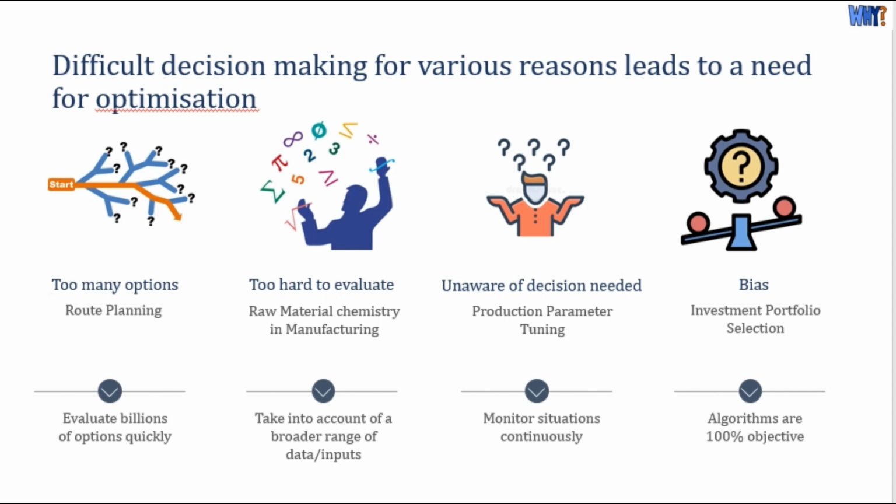The next is the lack of information or decision-making power. Optimization is also needed when decision makers don't have complete information. For instance, in a refinery, the yield from production depends on parameters like crude properties, reactor temperature, and pressure in the reactor.